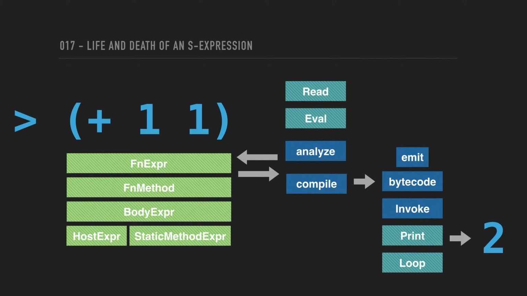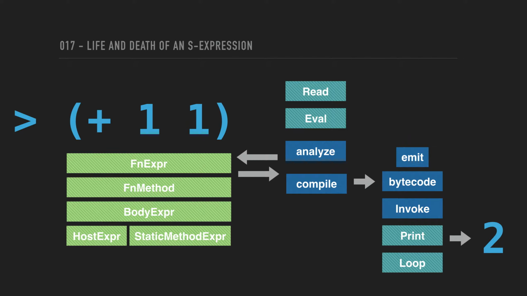So what happens when you type (+ 1 1), for example, something that looks very simple on the screen at the REPL, and you hit return? The REPL loop is going to read from the standard input and pass it to the Lisp reader, which is responsible for going character by character through the standard input and deciding what to do with it, if there are reader literals and other rules.